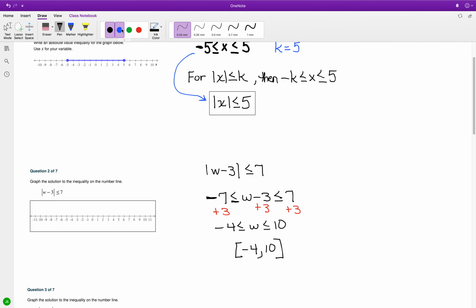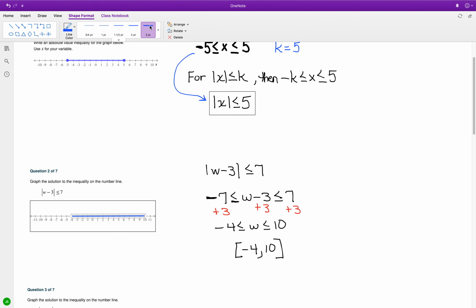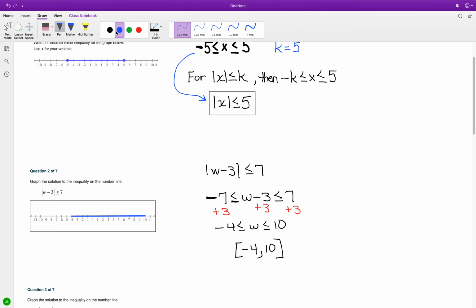Now, in terms of the official graph, if I were to graph on a number line, -4 and 10 are included. So for the endpoints, -4 and +10, again, those are going to be closed.